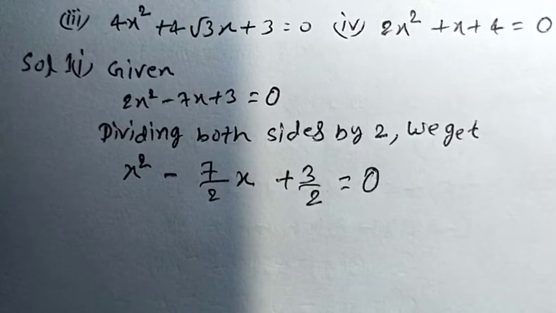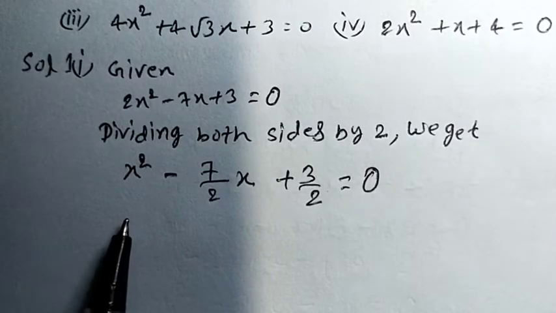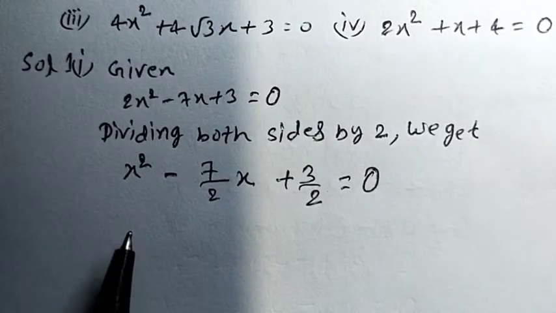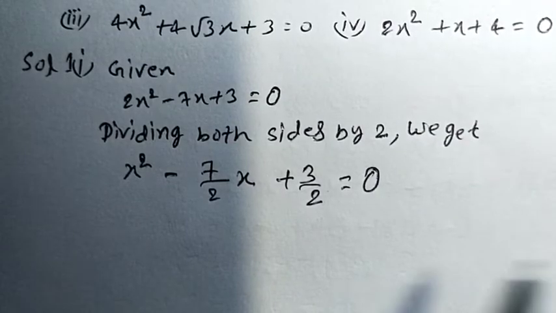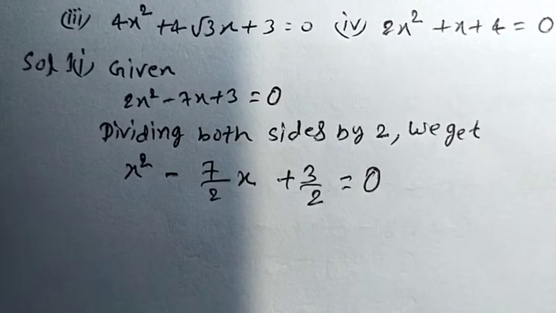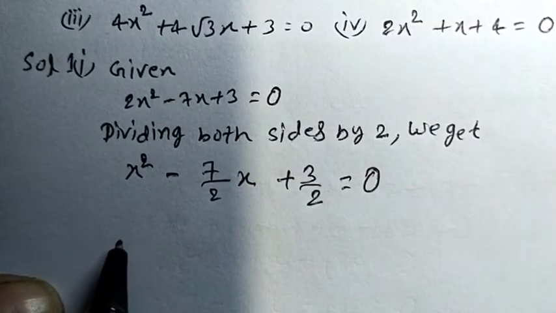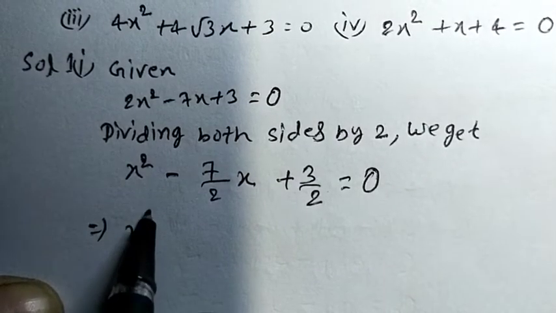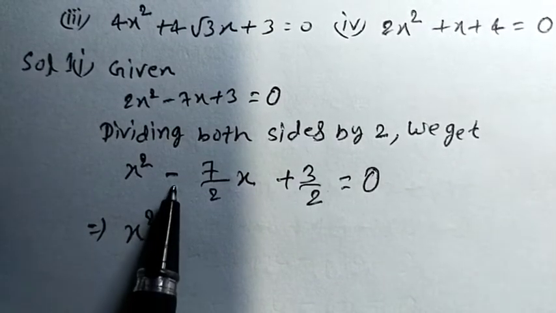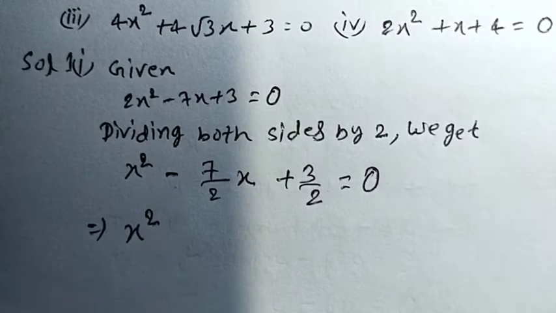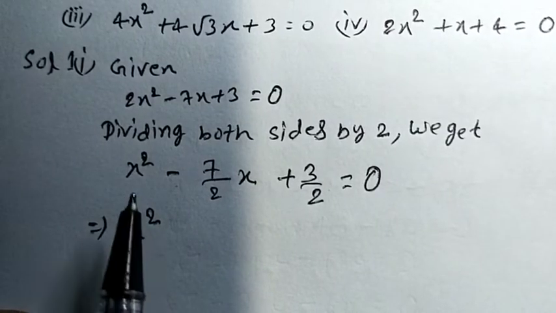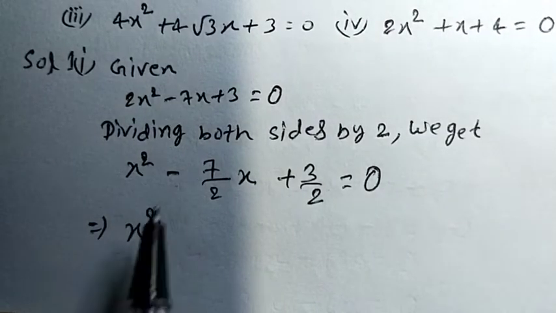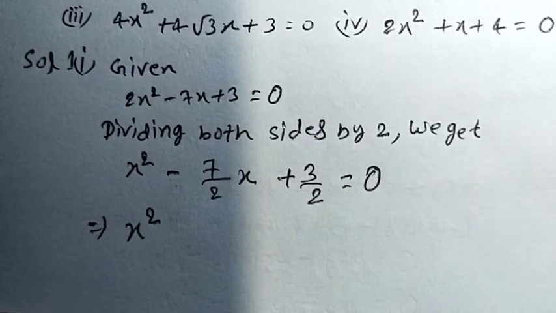Now see, we have to complete this square. So here we write x square, minus 2 times x times something, applying the formula a square minus 2ab plus b square.